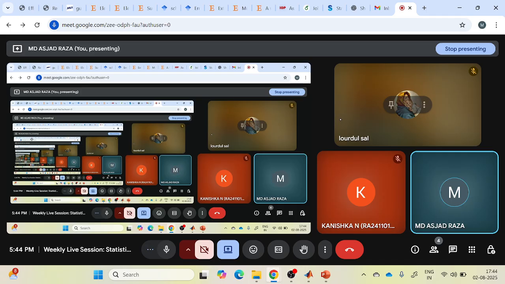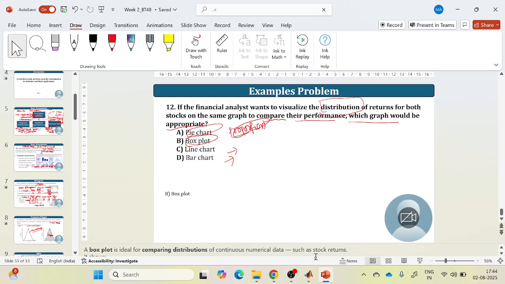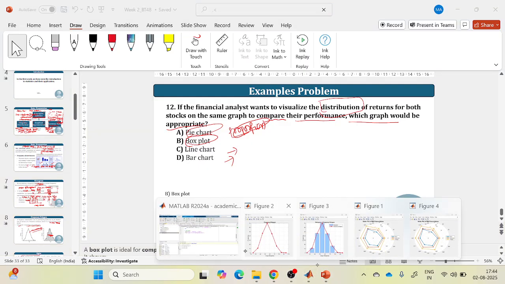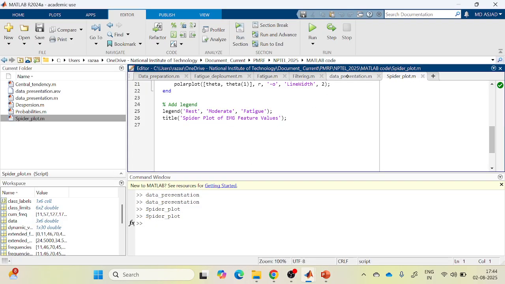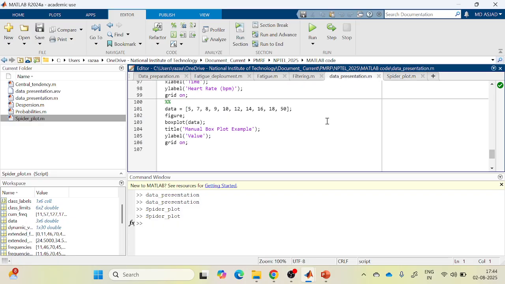Anyone, please reply. Okay, I will do one thing. I will just show the code. So first code is the data presentation.